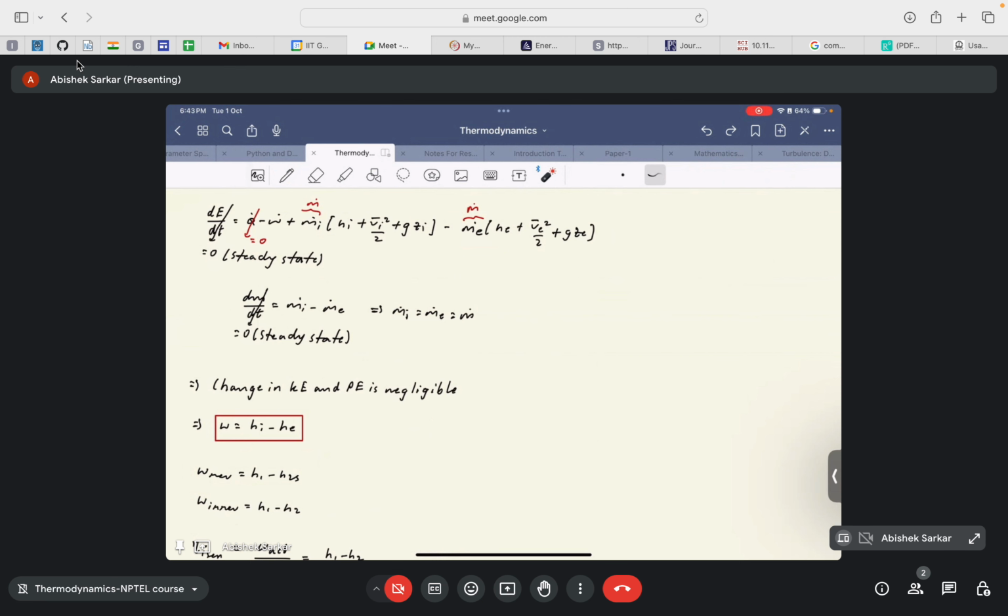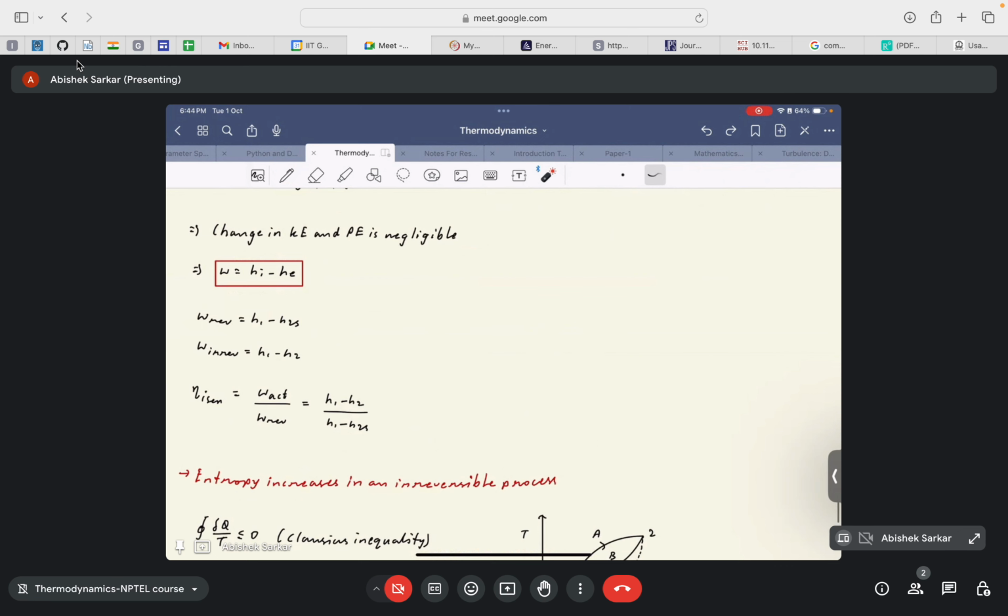Point 2 is somewhere higher. So now you can clearly see that this h1 minus h2 would be lesser than h1 minus h2s.